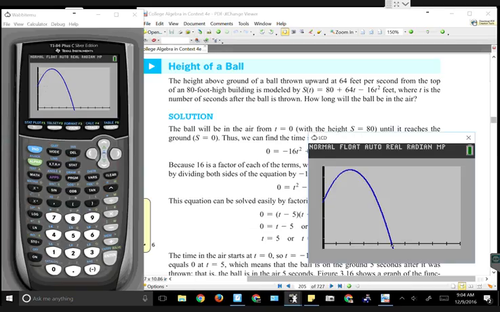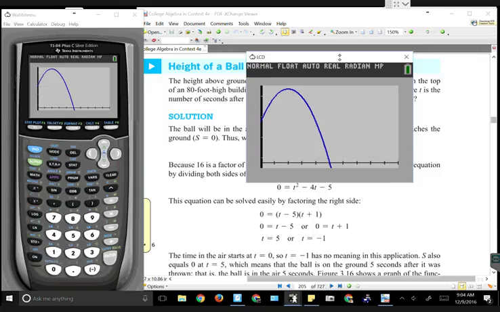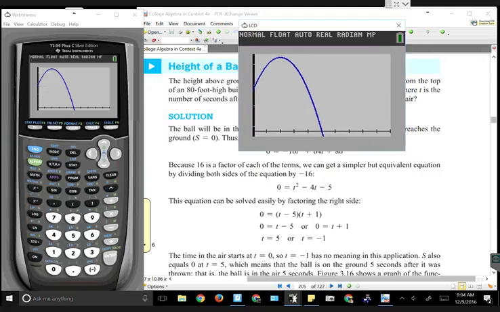This spot over here does not represent that it was that many units far away. That represents how much time it took to hit the ground, because the height would be at 0. So would it be reasonable to assume that it takes 1, 2, 3, 4, 5 seconds to hit?